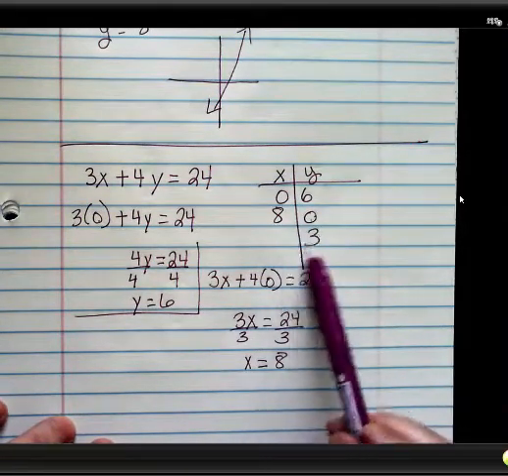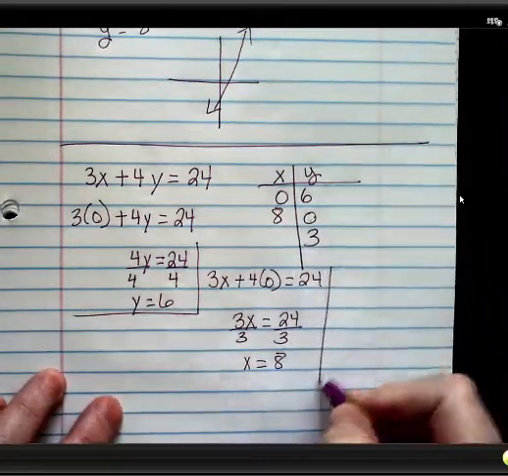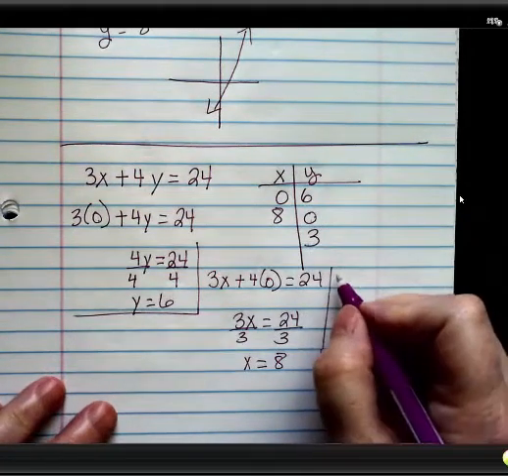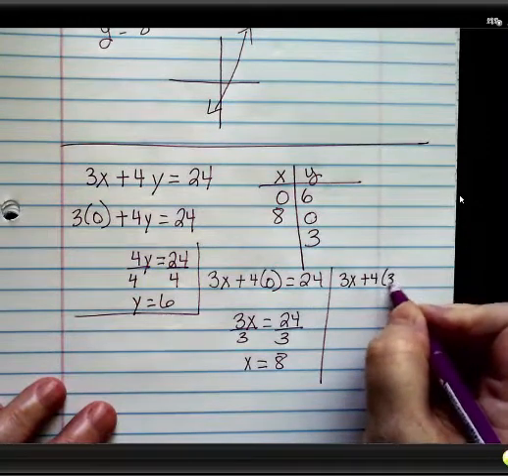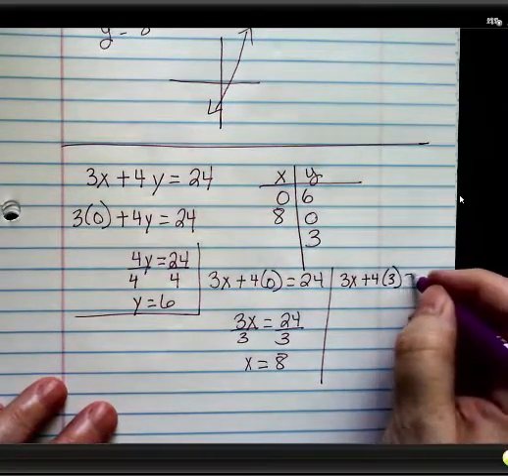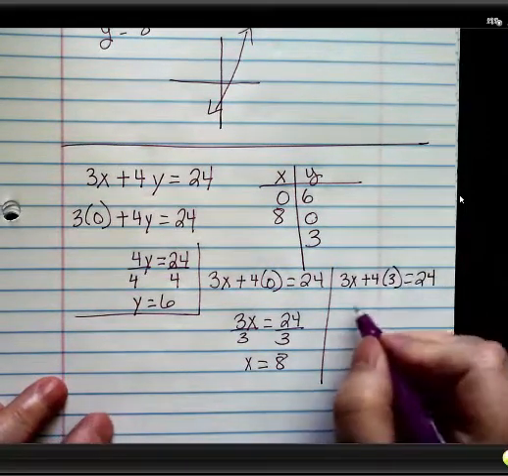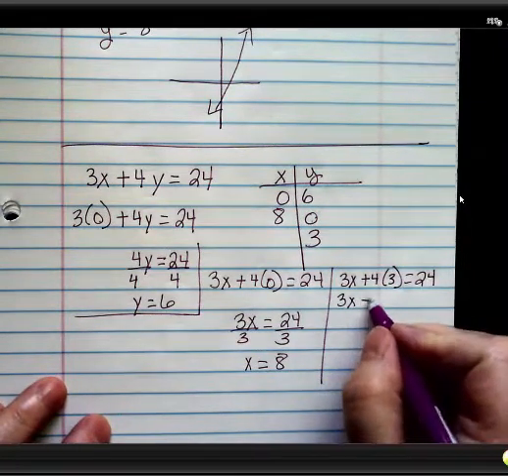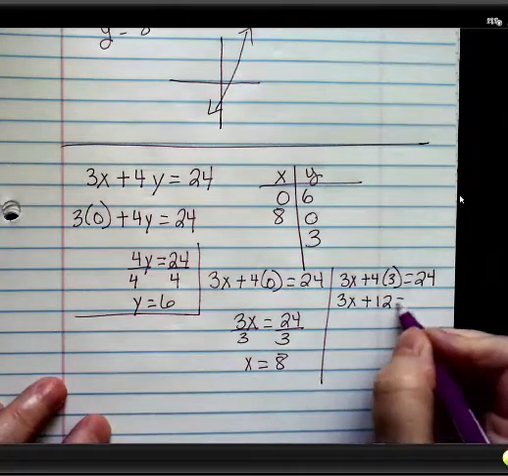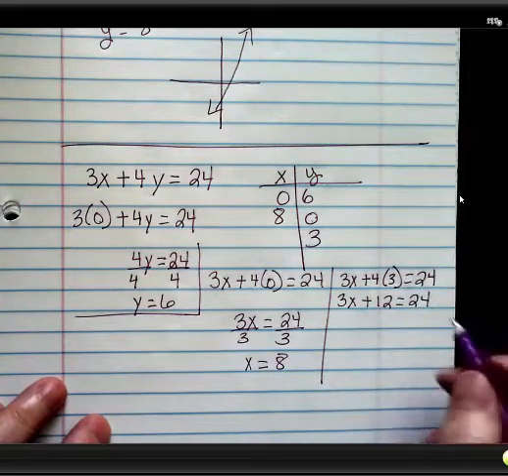Now let's plug in y equals 3. So I'm going to do 3x plus 4 times 3 equals 24. So I solve this equation. 3x plus 12 is 24.